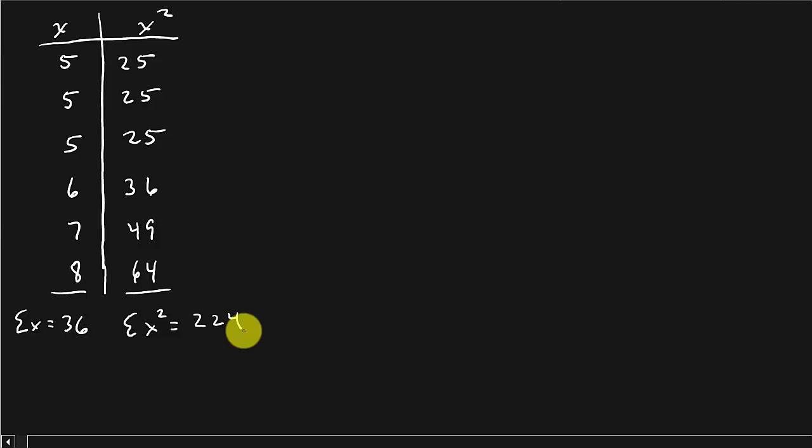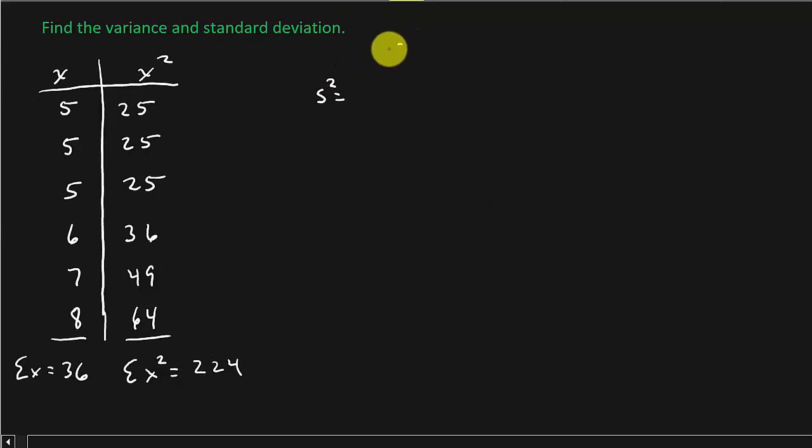All right. So let's look at this. Remember, the variance is equal to the sum of x squared minus the sum of x, squared, over n, all divided by n minus 1.